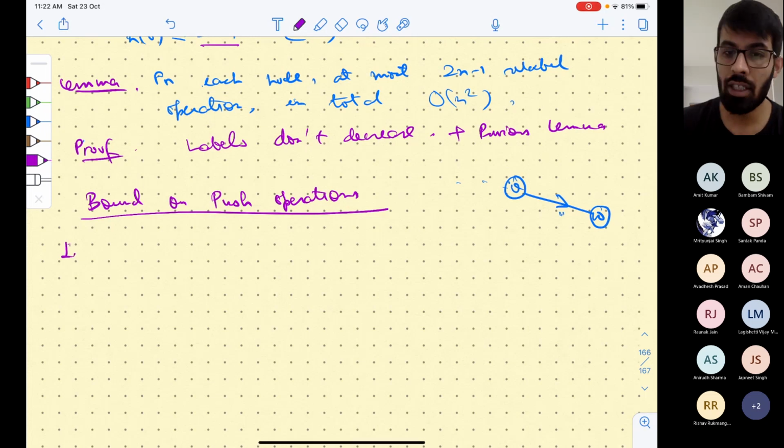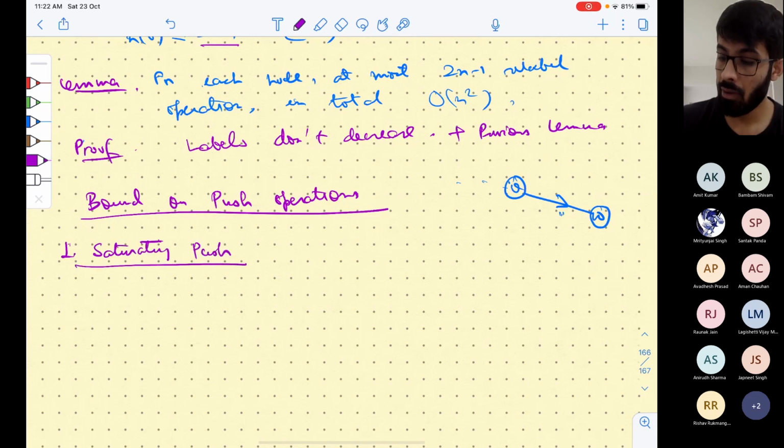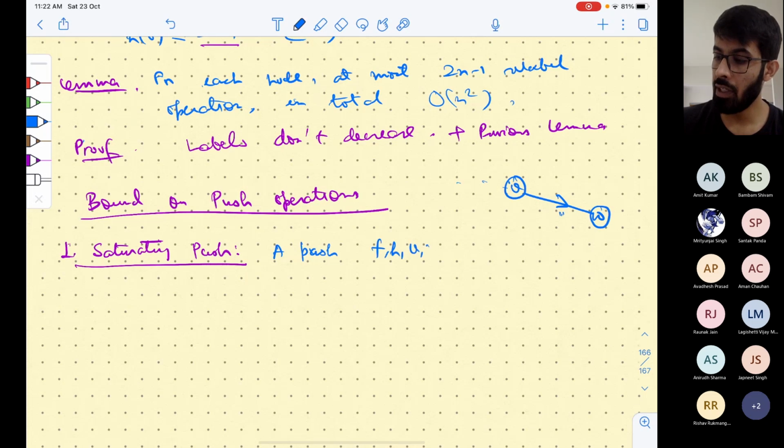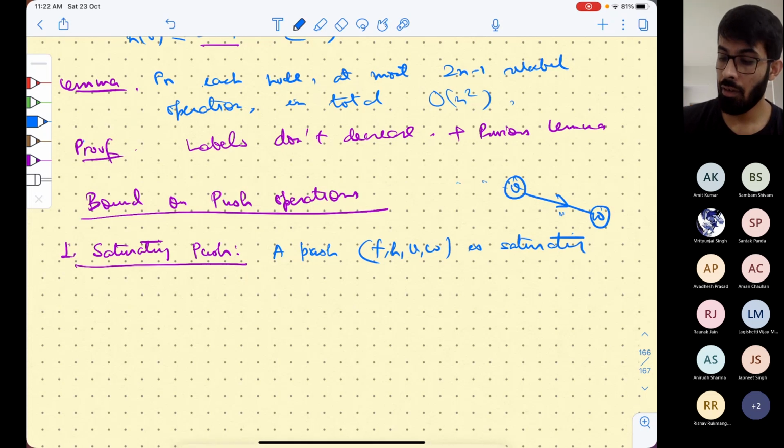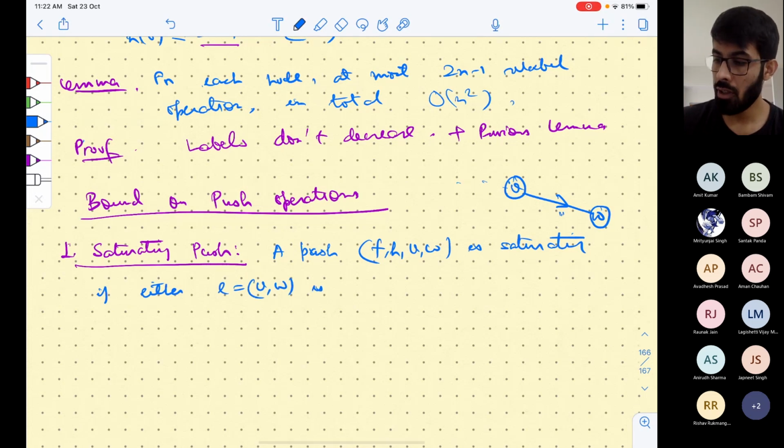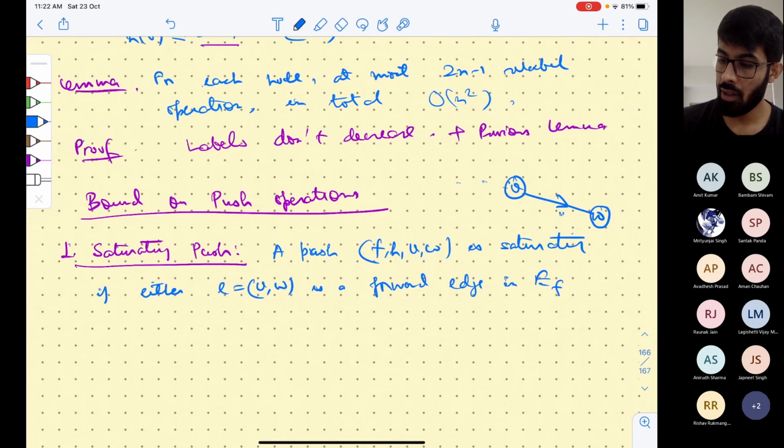So first we define what a saturating push is. A push f(v,w) is saturating if either e equal to vw is a forward edge in Ef and delta is equal to c minus f(e).